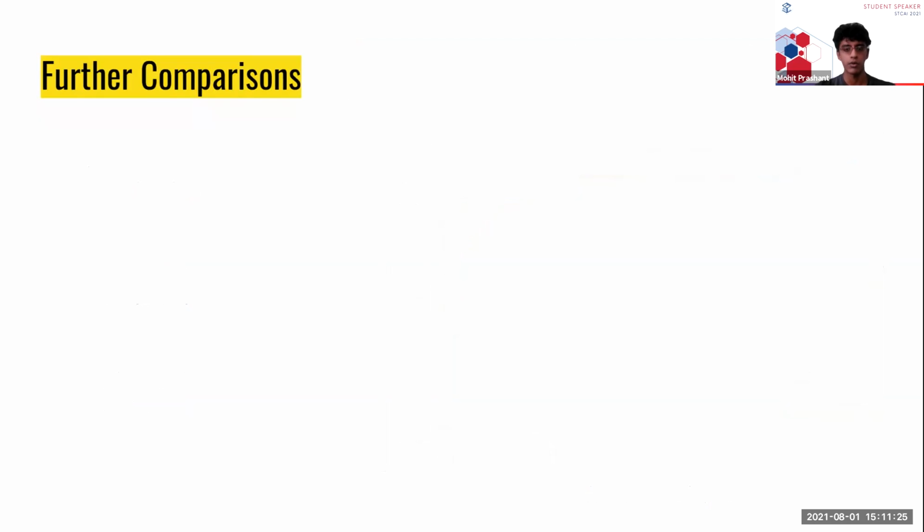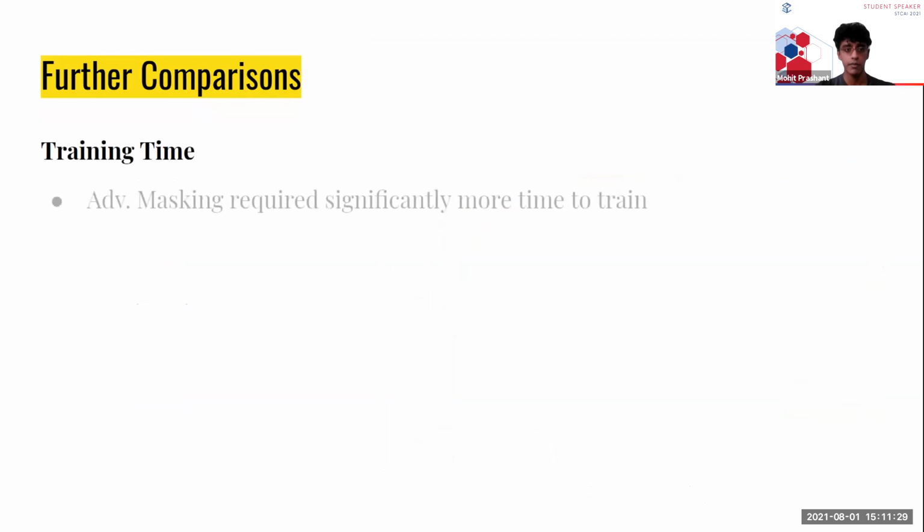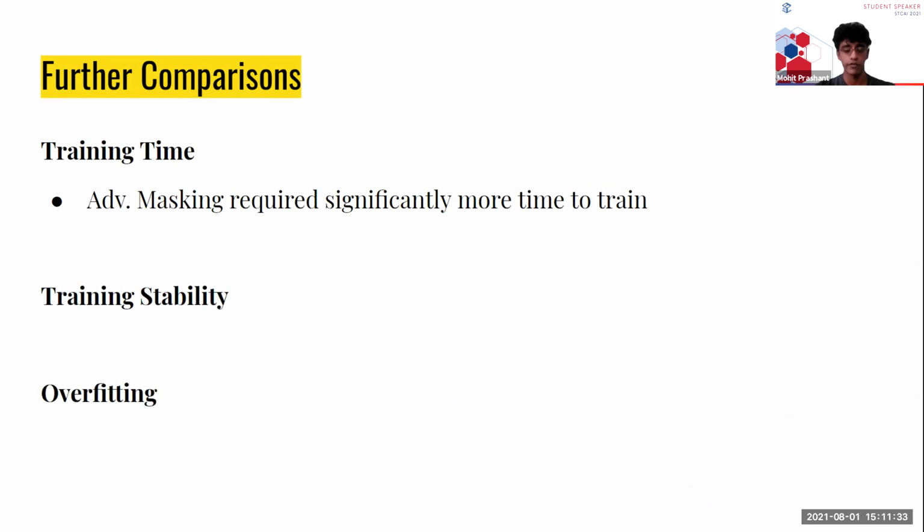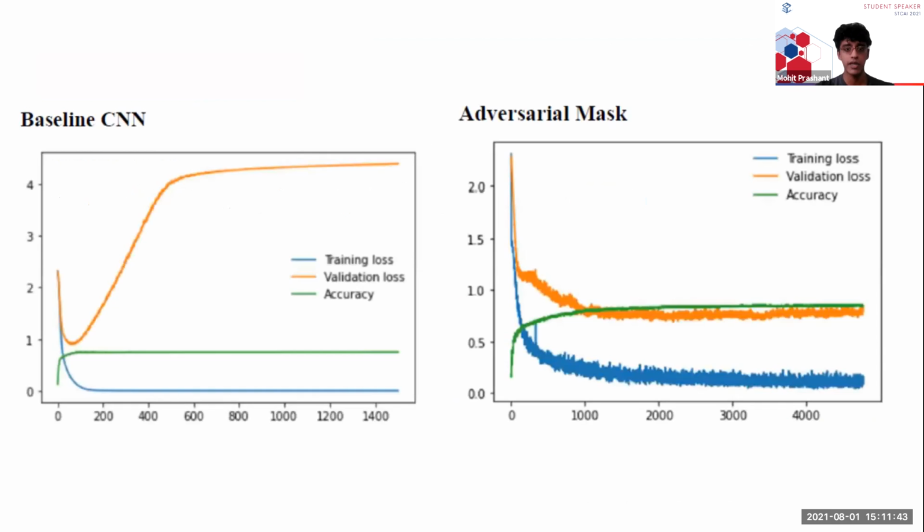Some further comparisons that we might want to look at are training time, as well as training stability and overfitting. As observed in our previous slide, adversarially masking our inputs required significantly more time to train, but it did yield some improvements in performance. However, regarding training stability and overfitting, we can see that our adversarially masked network has a tendency not to overfit.